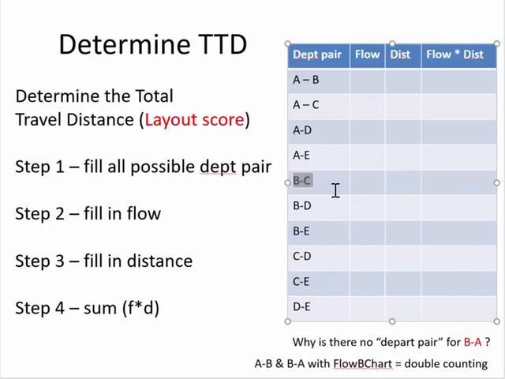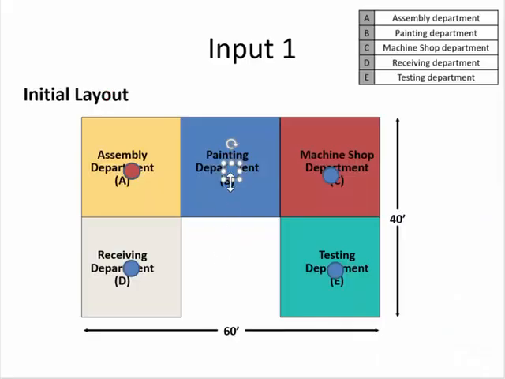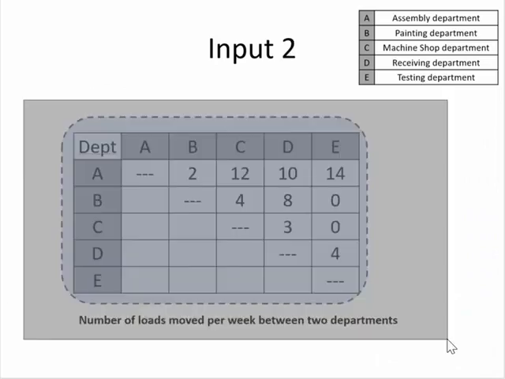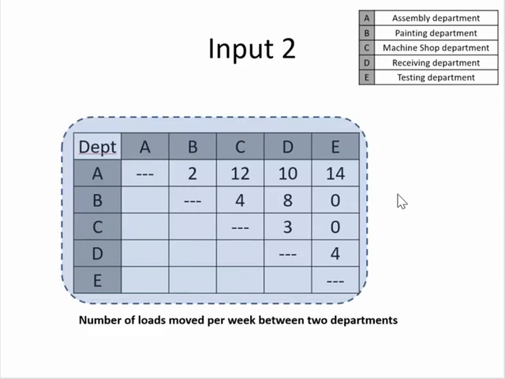However, how come the department pair of B to A is not listed? If I work at department B, then of course I can travel to A. That depends on your flow input. Since the flow input that I use here is a flow between chart, the travel from A to B, and of course from B to A, is already considered.